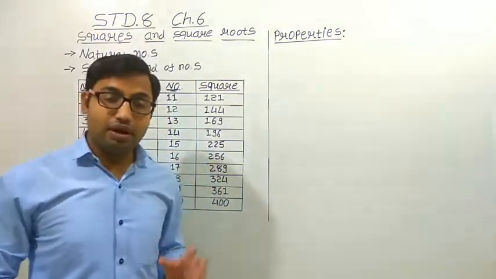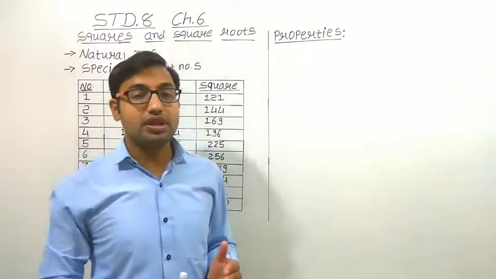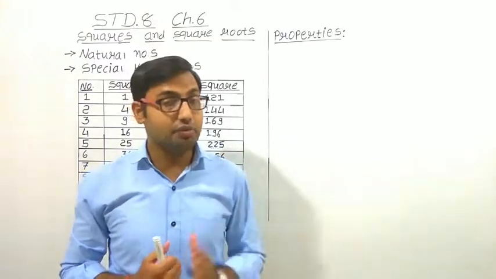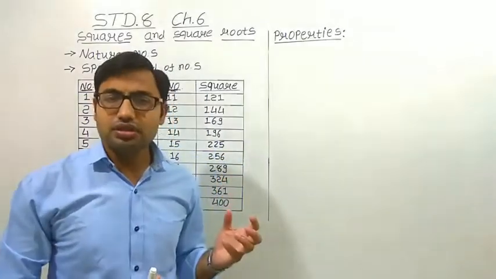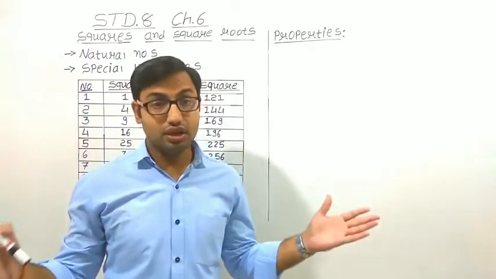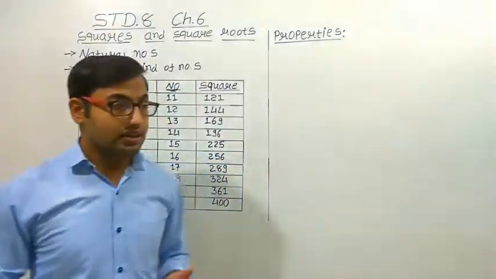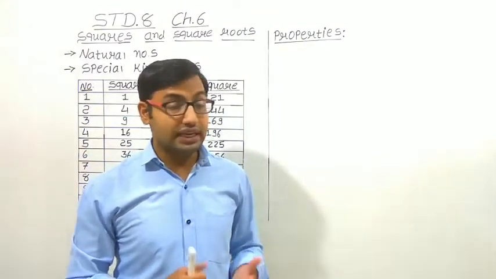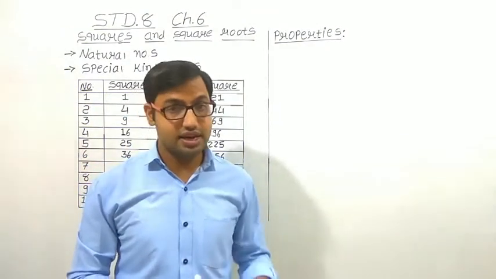So if you remember, we have studied about the different types of number sets in chapter number 1. So what are the numbers? We know that there are many numbers in the world, right? Like there are natural numbers, whole numbers, and integers and rational numbers.